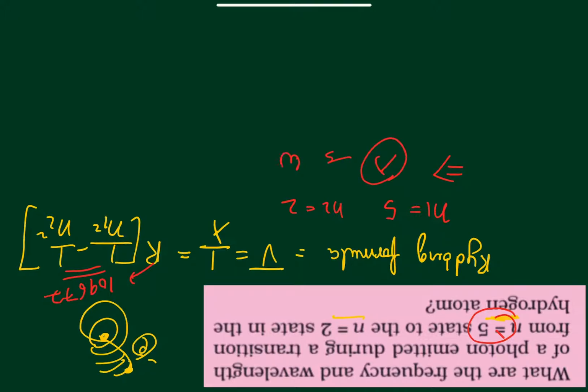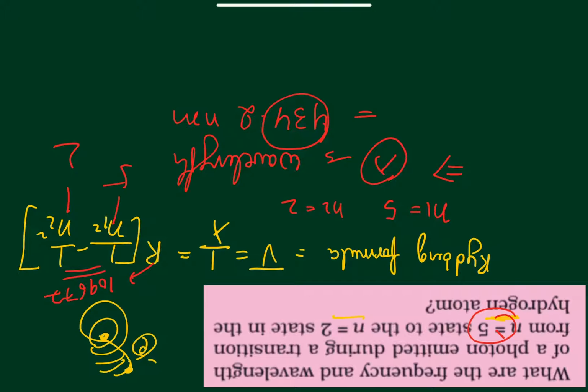Okay, this will be your wavelength. Okay, after substituting N1 is equal to 5, N2 is equal to 2 and R is equal to 109677, you will get your lambda, and lambda will come approximately 434.2 nanometer, which you can just write as 434 nanometer on calculations.